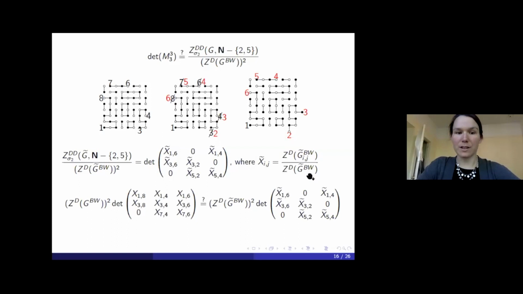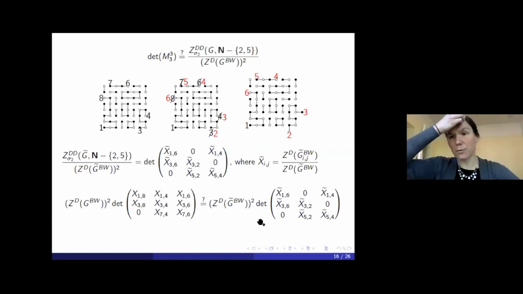So in order to prove that the determinant of this matrix minor is counting what we want it to count, we have to show that the determinant of this matrix times ZD G BW squared is equal to the determinant of this matrix with these X tildes times ZD G tilde BW squared, which you can show.